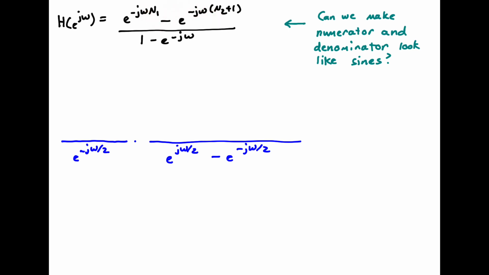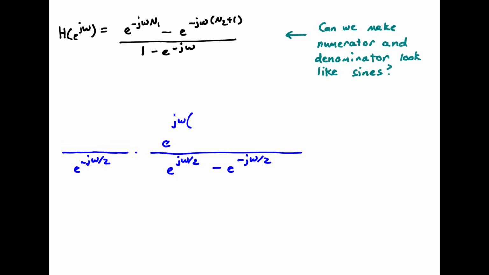I'd have to be a little more creative about what I pull out in order to make the two terms equal. But let's see what I can do. So on the top here, I'm going to end up with e to the j omega (n2 minus n1 plus 1)/2 minus e to the minus j omega (n2 minus n1 plus 1)/2.